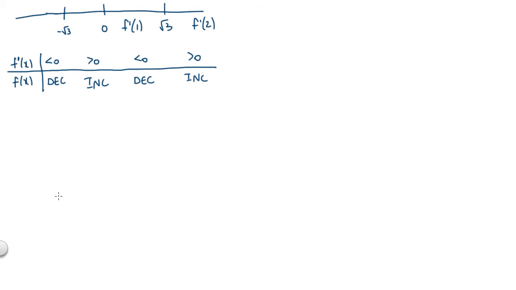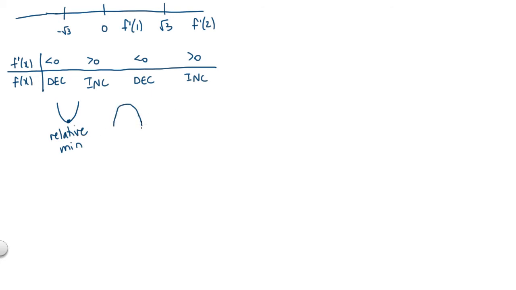All right, so now to answer the question about the relative maxima and relative minima. Well, we could draw a little sketch here to sort of show ourselves what's happening. Our function would be decreasing up to the x value -√3, and then it would start to increase again. So what we have here is a relative minimum.